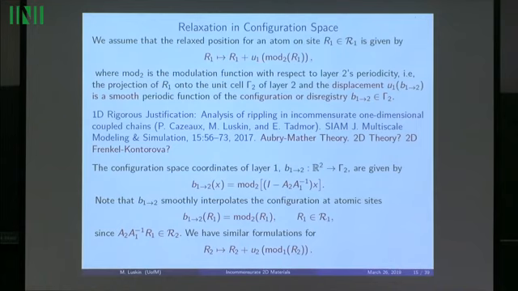Remember, we don't want to have all this AA; we don't want to be sitting on top of other atoms. So each atom at lattice point R1 is going to want to have a displacement U1, and that displacement is simply a function of the disregistry of R1 with respect to the lattice R2 of the other layer. This is you might say the kinematic assumption.